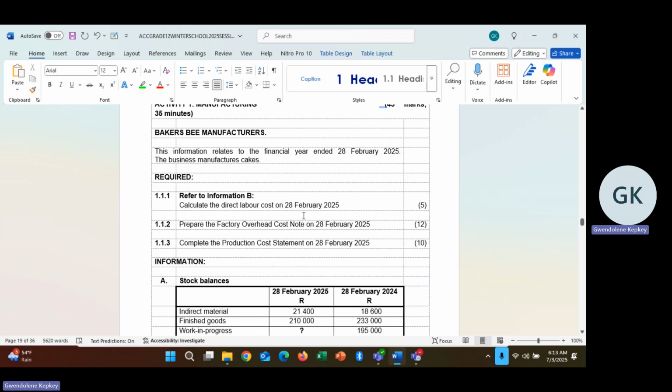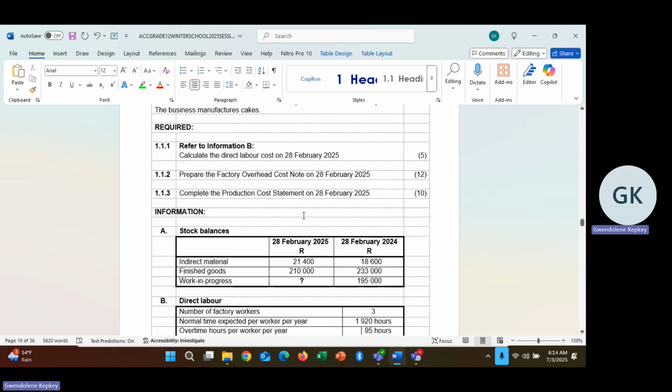Direct labor cost, direct material costs, as well as your selling and distribution cost comprise your variable cost, should there be a question of that nature. So let's do that calculation, grade 12s, where we work through the direct labor cost. Let's look at our information.